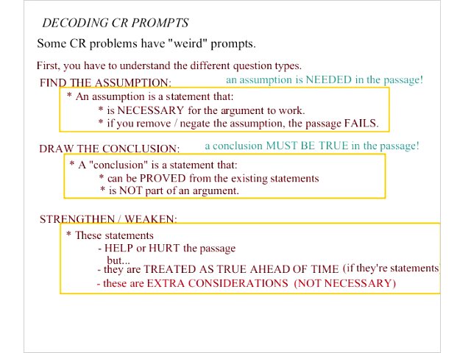And the last type of question we have to understand ahead of time is the explain the discrepancy type question. This means that the passage presents some sort of thing that looks like a contradiction. Like, there are two things that don't appear to work together.